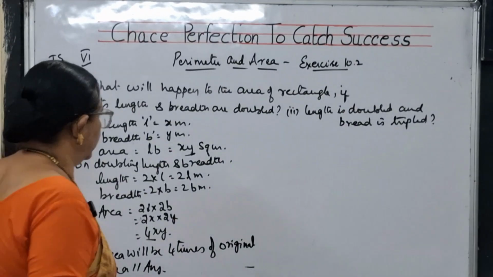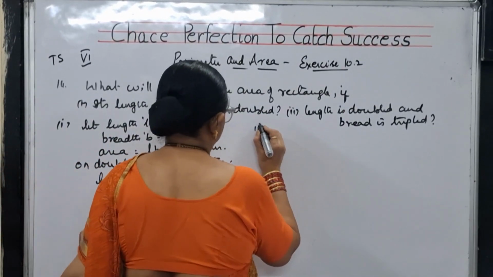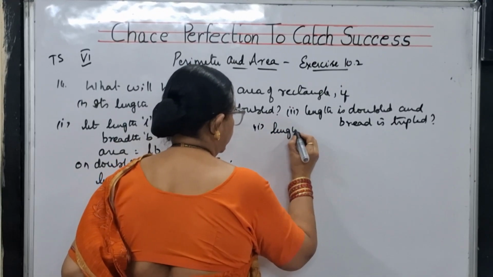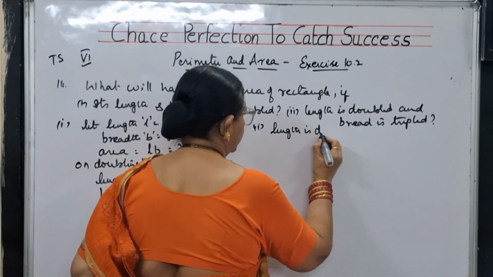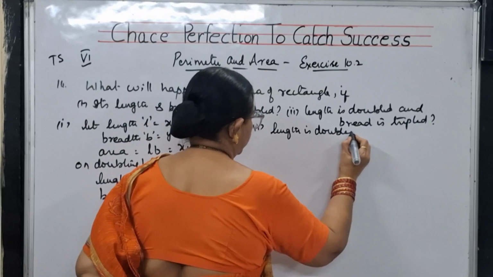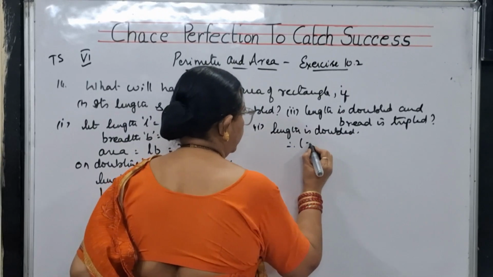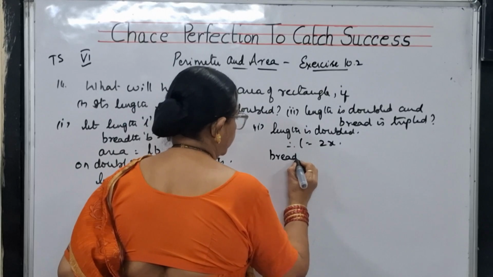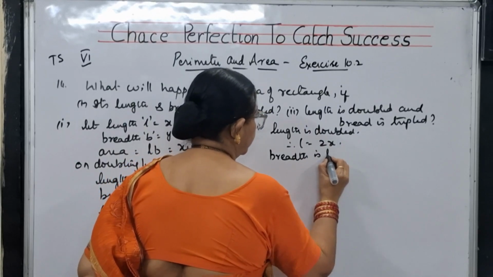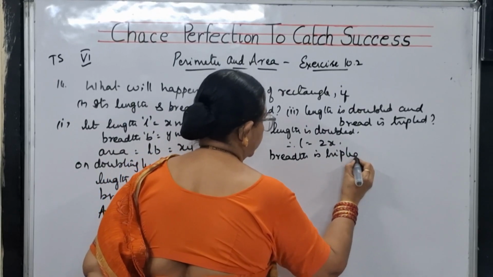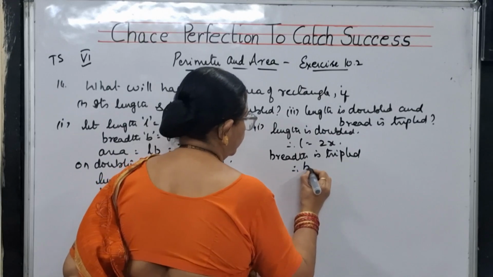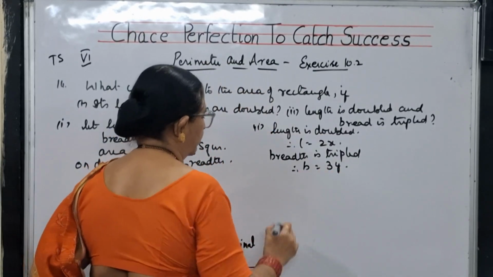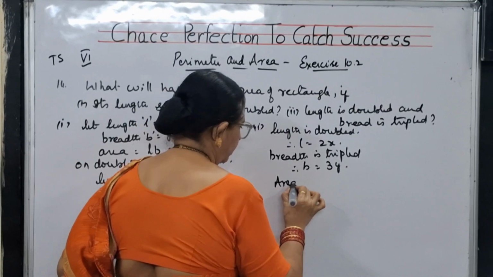Now, second bit. They said length is doubled, therefore L is equal to 2x. Breadth is tripled, therefore B is equal to 3y. Tripled means 3 times. So what is the area?